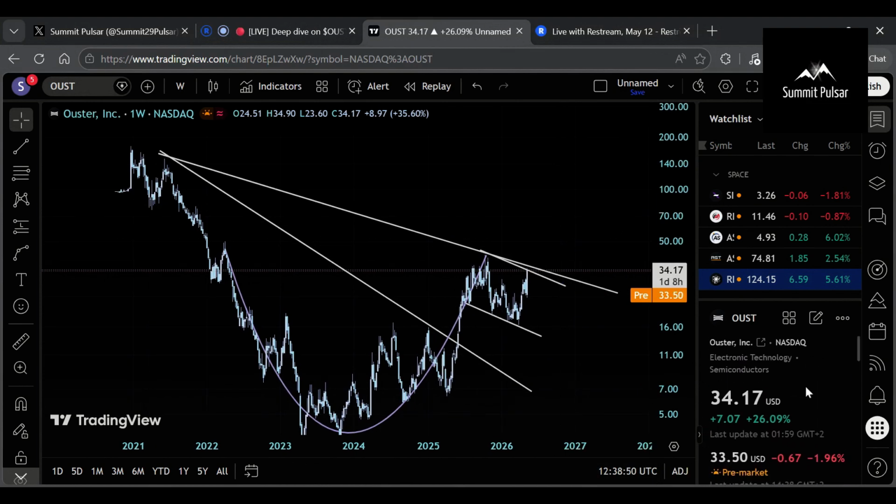I'm analyzing Ouster right now, an electronic technology semiconductor stock. It's called Ouster Inc. It's trading on the Nasdaq under the ticker OUST.